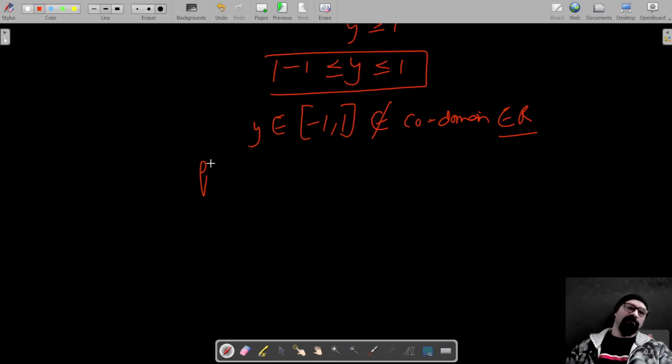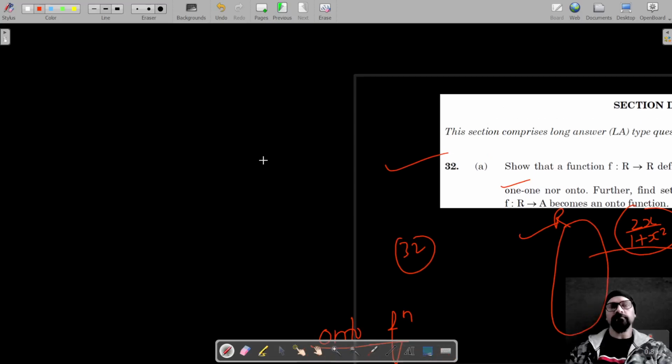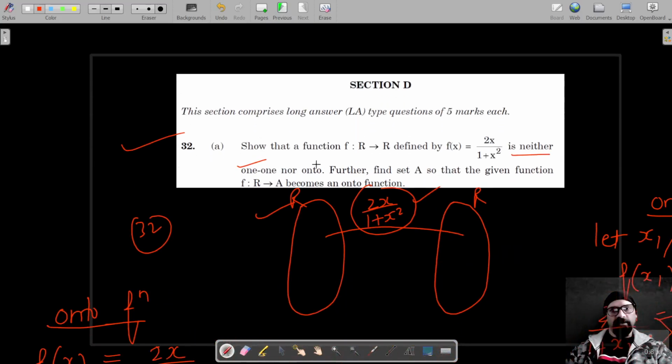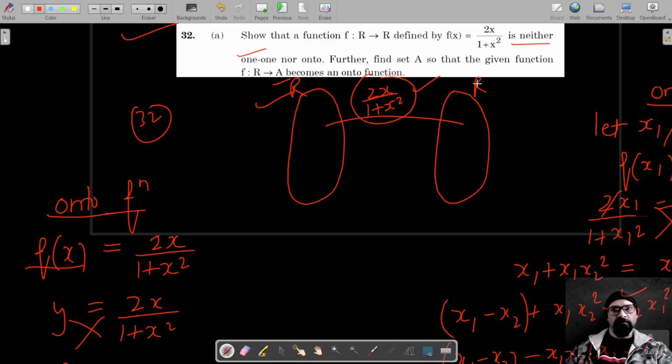So that means the function is not onto. It's also asked in the question to find the set A so that the given function f from R to A becomes an onto function. So for the set A for which this function becomes onto, this set A should be negative 1 to 1.